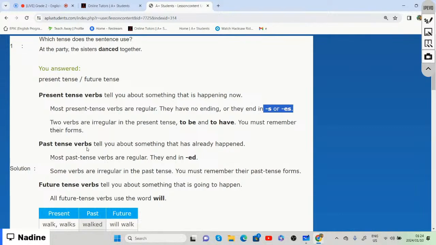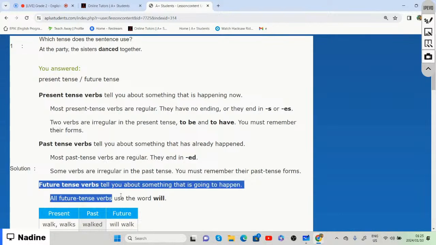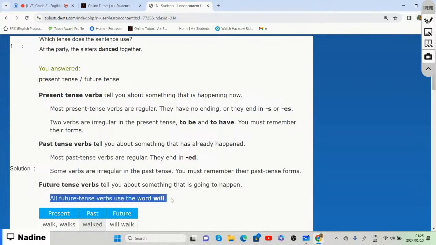The past tense tells you about something that has already happened, and with a regular past tense verb, the verb ends in ED. Then we have the future tense verbs, which tell you about something that is going to happen. All of our future tense verbs use the word will, followed by the verb, to show the future tense.